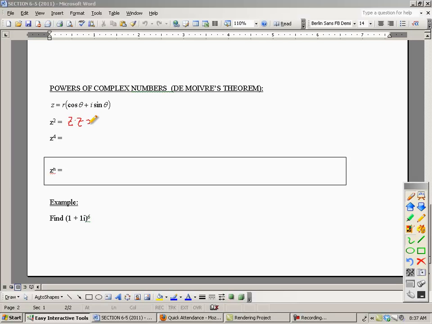We would multiply the moduli, so r times r, and then add the arguments. So cosine of theta plus theta plus i times the sine of theta plus theta. So you end up getting r squared times the cosine of 2 theta plus i times the sine of 2 theta.